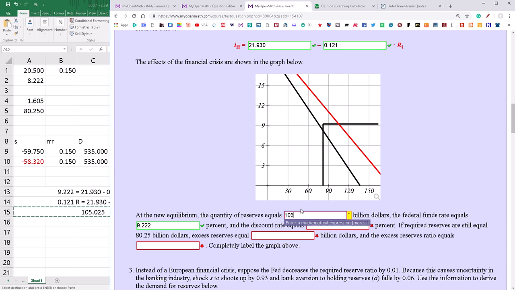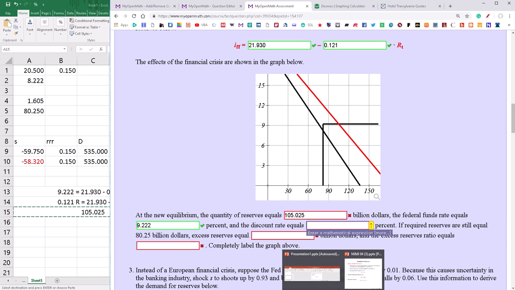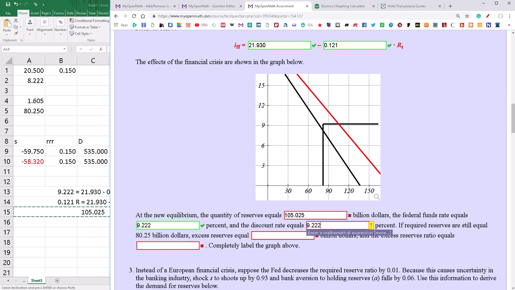This is 105.025. The discount rate equals 9.222. And the federal funds rate has risen to equal the discount rate, which is now a binding price ceiling.